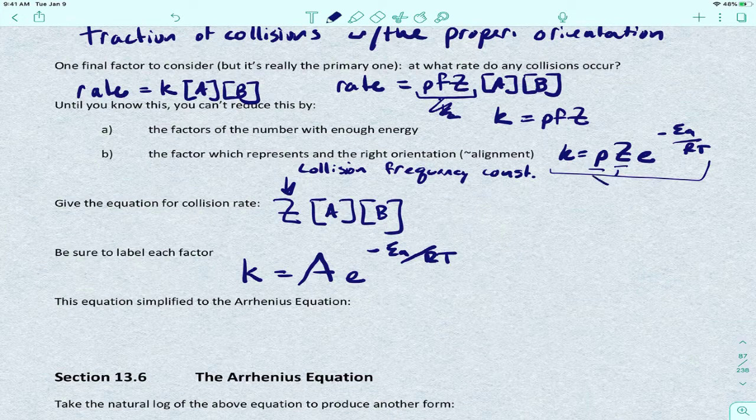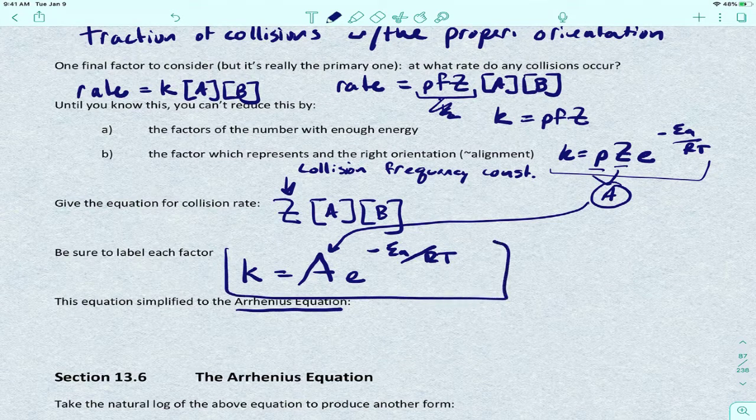These two really come together as your A. This is the A that we have in this equation, and this equation that we just wrote down is called the Arrhenius equation.